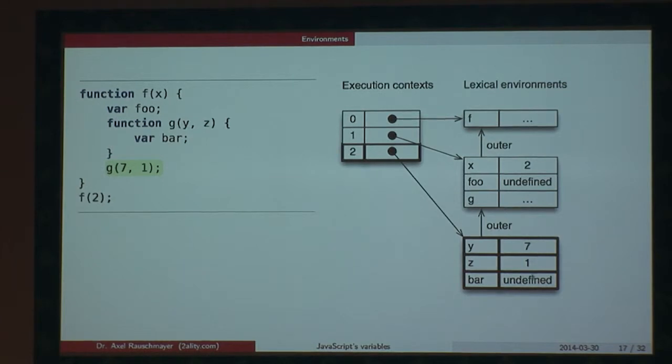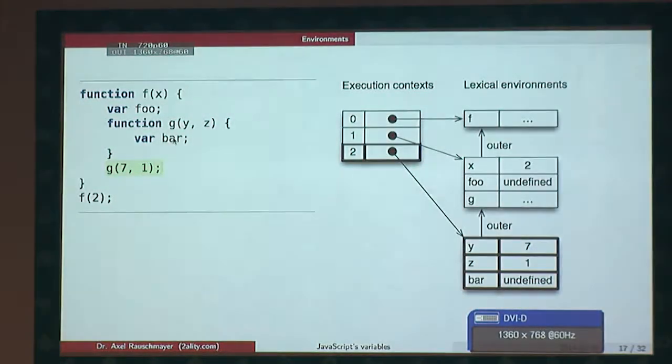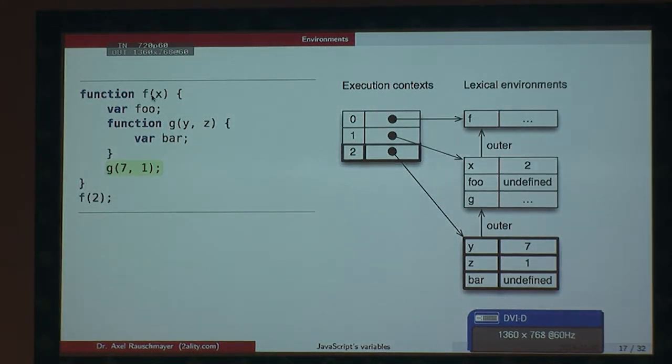And, well, these are the parameter values. Bar is undefined because we haven't assigned anything. And again, the environment of g points via outer to the environment of f.